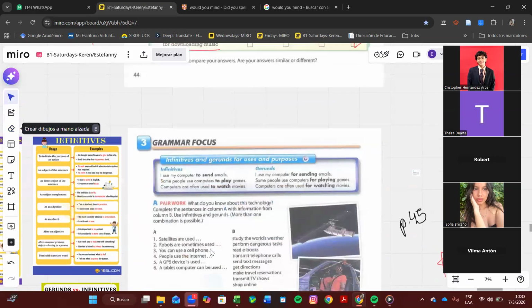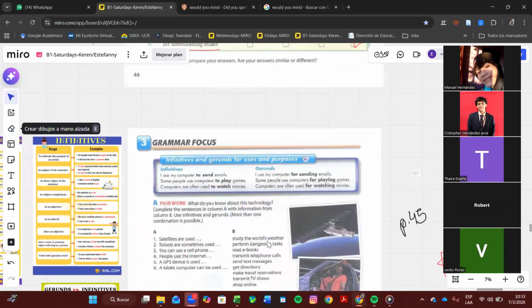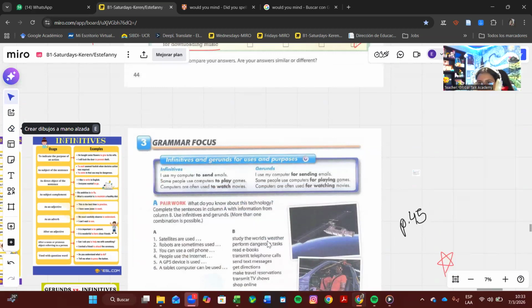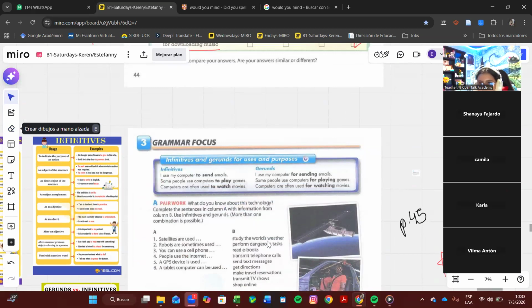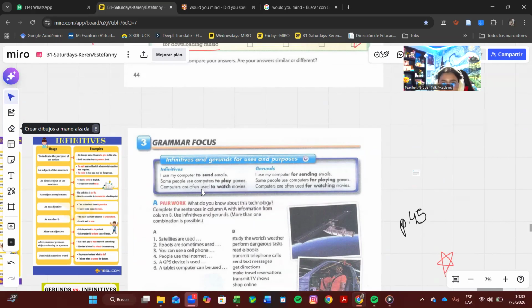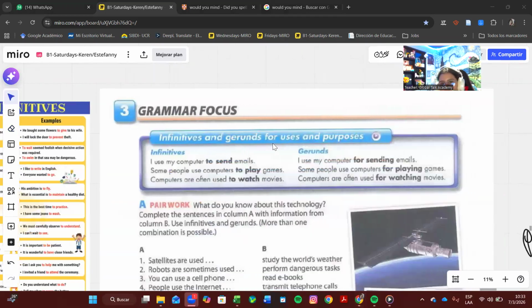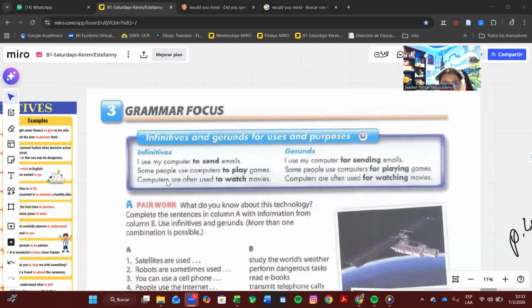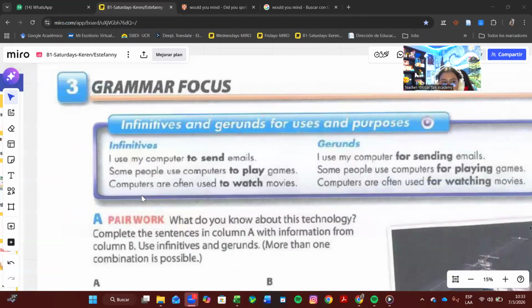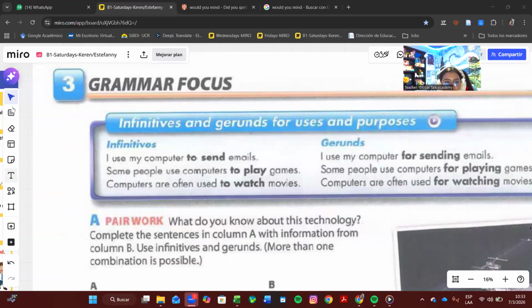It's grammar focus. So I have mentioned some of this, but we're going to focus on it, okay? So we have infinitives and gerunds for uses and purposes. Infinitives, for example: I use my computer to send emails. As you can see, when we talk about infinitives, we use to and the verb.